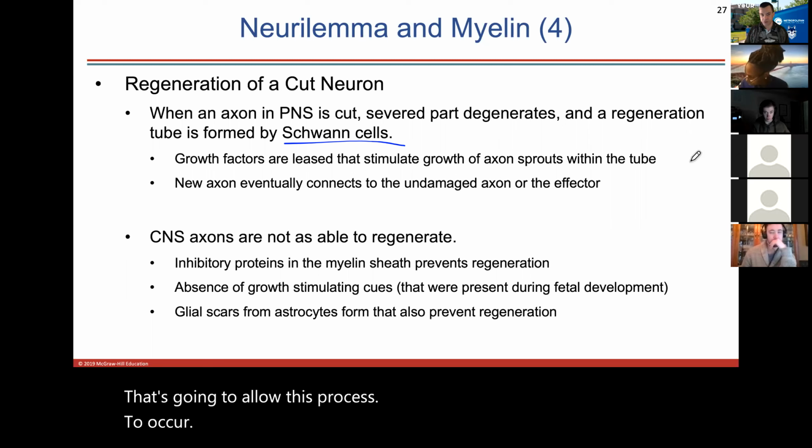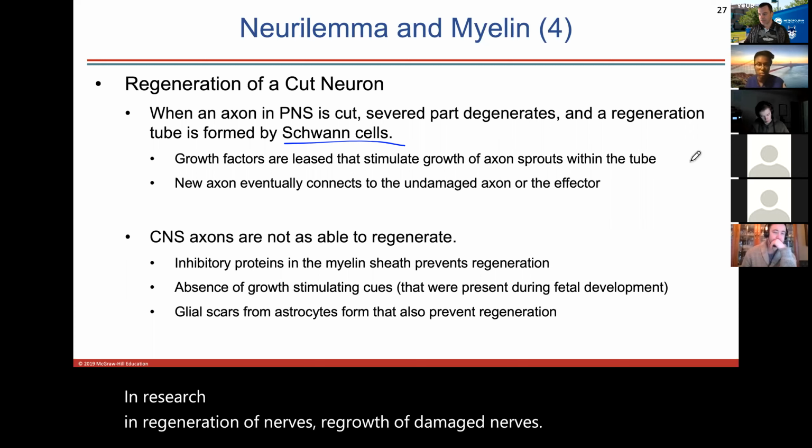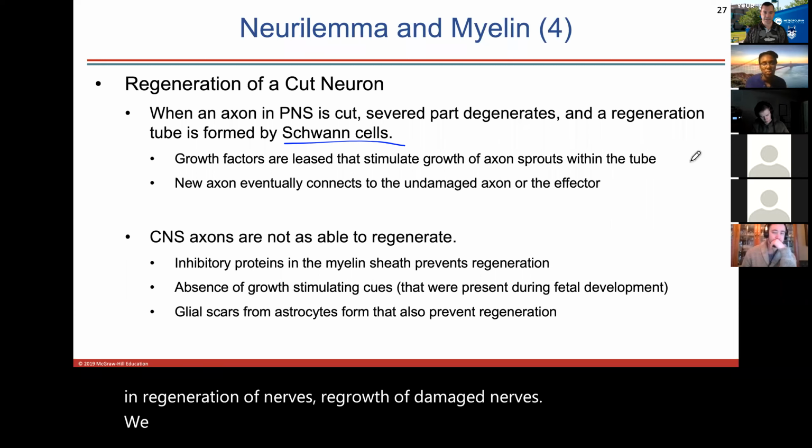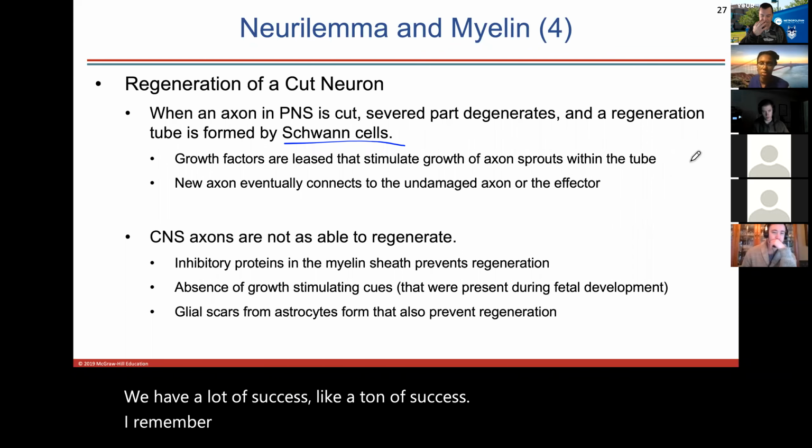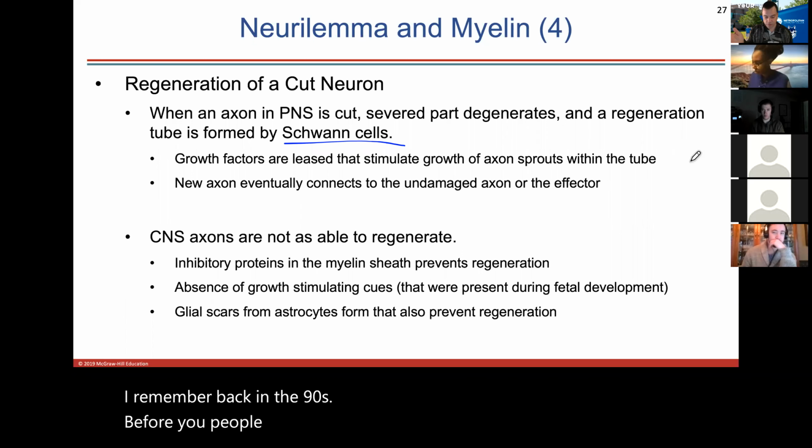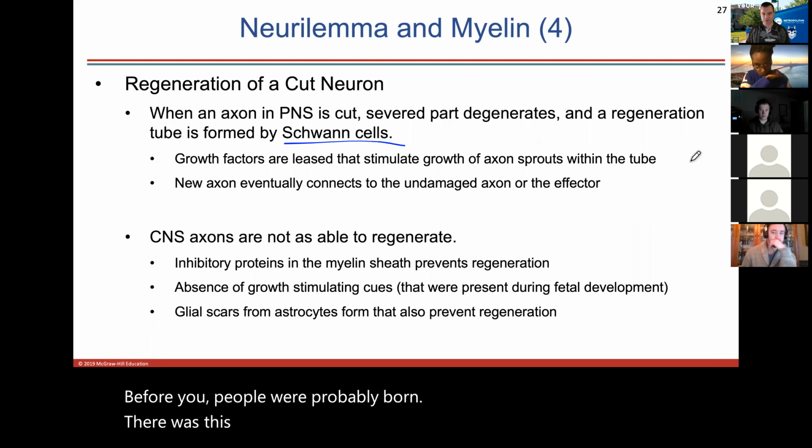In research, in regeneration of nerves, regrowth of damaged nerves, we have a lot of success, like a ton of success. I remember back in the 90s, before you people were probably born, there was this big study that came out. They took these rats, took a scalpel and cut their spinal cord.